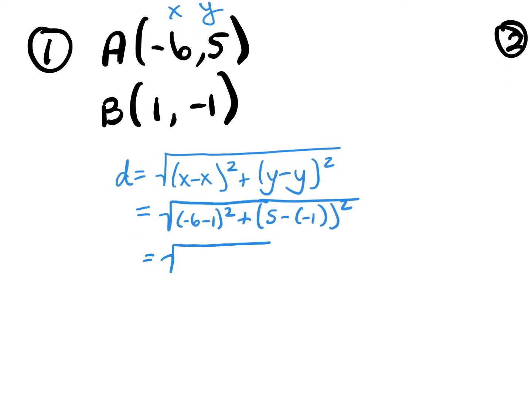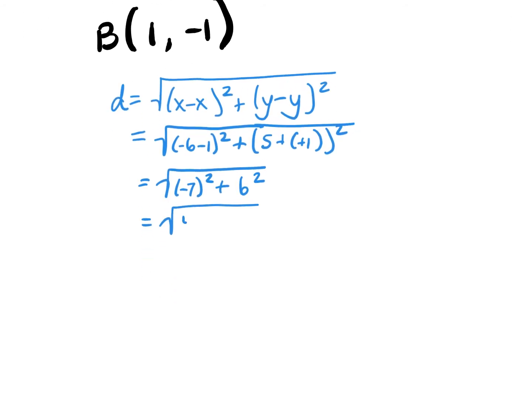Negative 6 minus 1 gives me negative 7 squared, plus 5 minus a negative is the same as 5 plus 1, so 6 squared. Negative 7 squared gives me 49, plus 6 squared is 36.